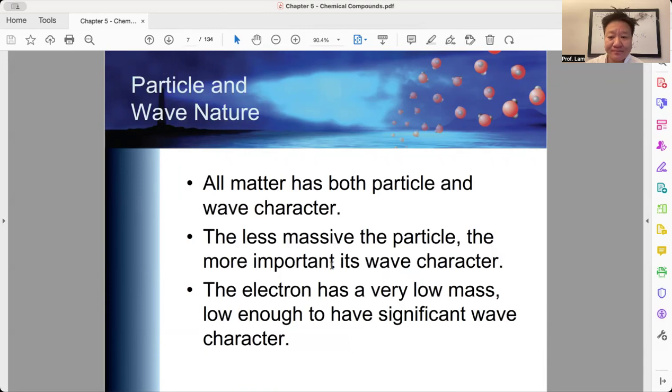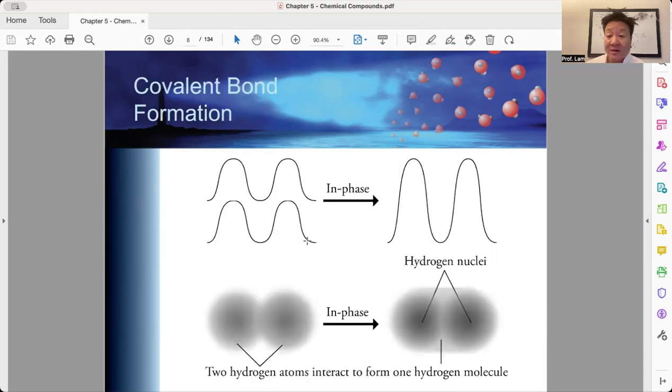Okay, so let's move on to bonding. In this chapter, we're going to go through some models of bonding, like Lewis structures. Covalent bonding and ionic bonding are the main types of bonds that hold atoms together, and we're going to see what those differences are.